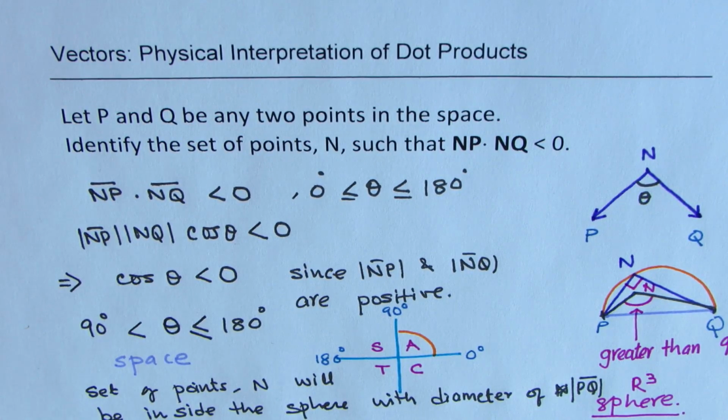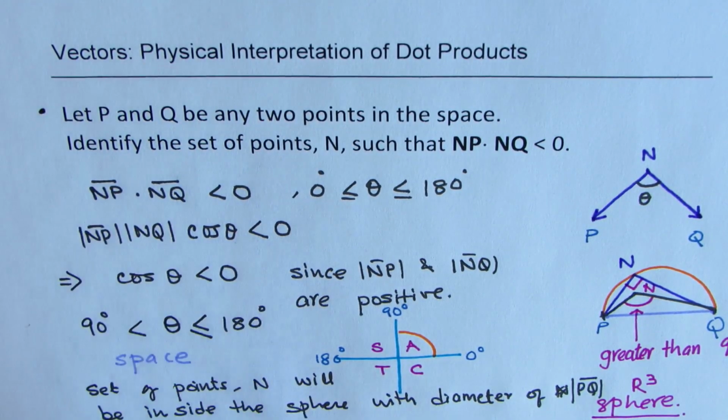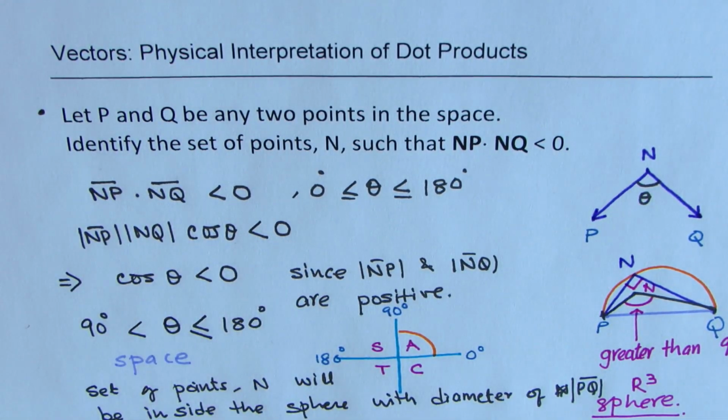So we have come out with a very interesting result, and that is this set of points inside a sphere, when 2 points form its diameter, represents a dot product which is less than 0, right?